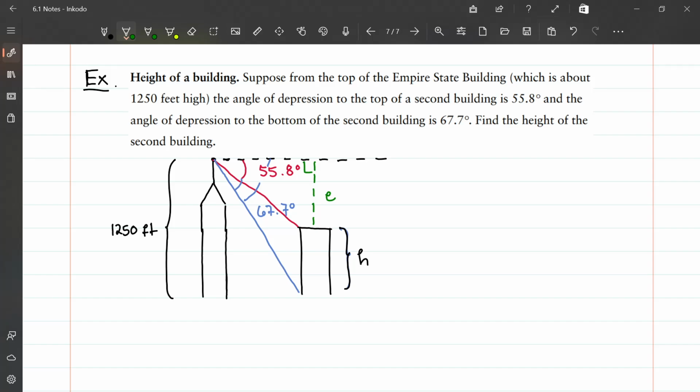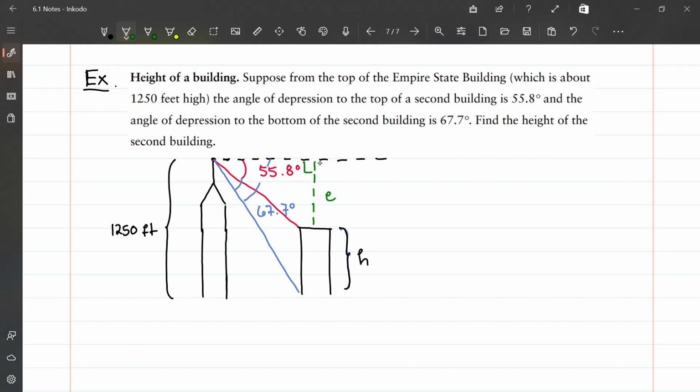If I have the length of this side, H plus E is equal to 1,250, that tells me I have the total height of this second triangle, the one that has a 67.7 degree angle on it. I suppose I could use that to get the length of the blue line, but the length of the blue line doesn't seem to be linked automatically to the height of the building, at least not in an easy way. Oh, wait a second.